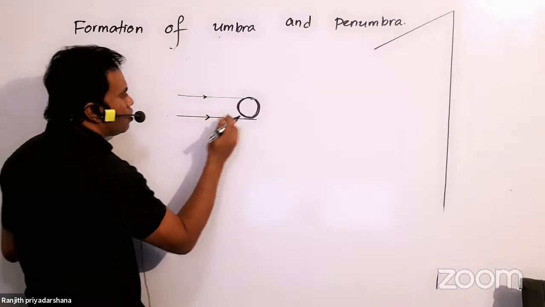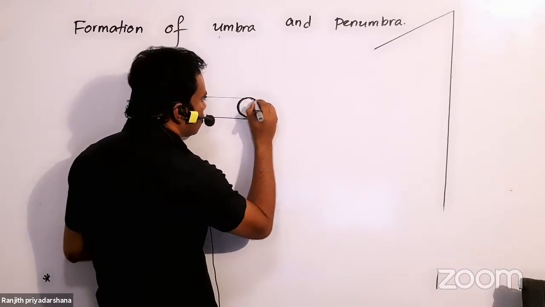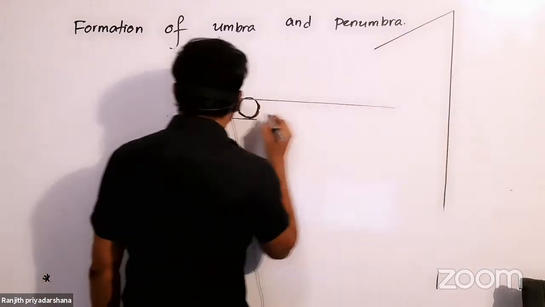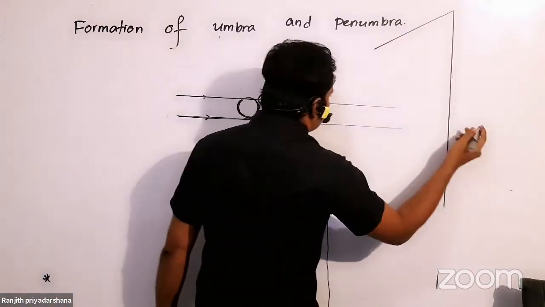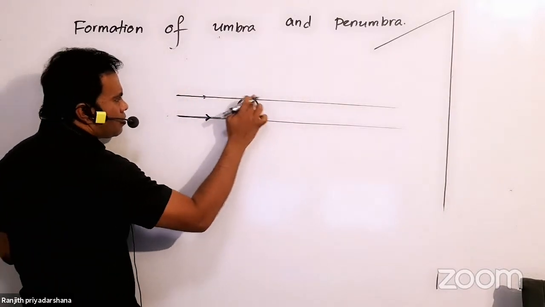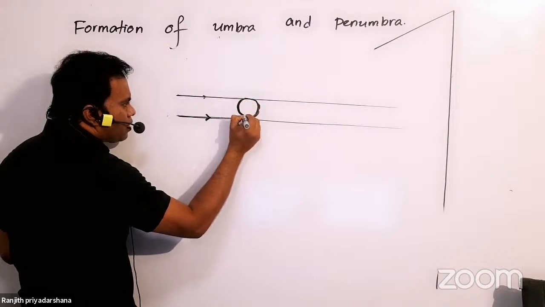You can see these upper and lower two light rays. I advise you to draw two light rays first.